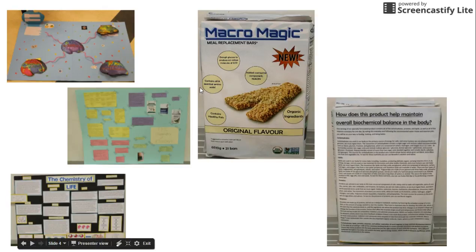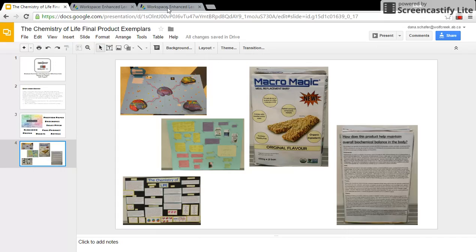It also had extra oxygen and things to help you do cellular respiration. And all of that information is on the back here. So how does this product help maintain that biochemical balance? They kind of took everything into consideration and made that final product. Again, the sky's the limit on how you want to do that.